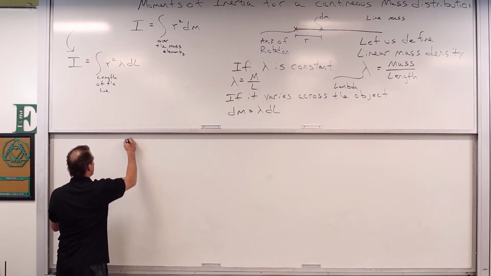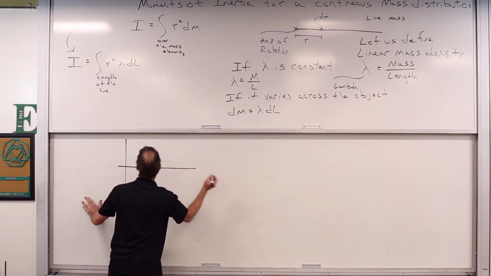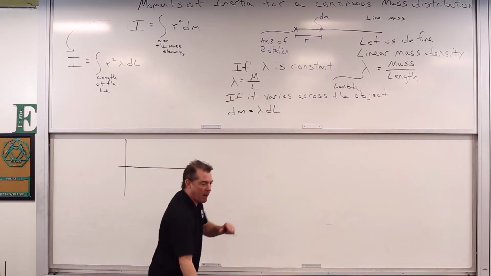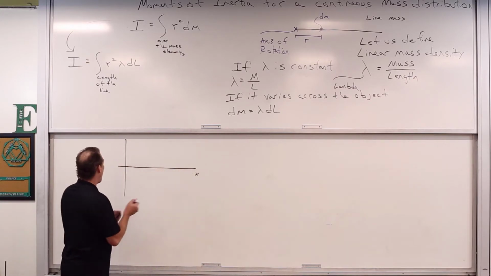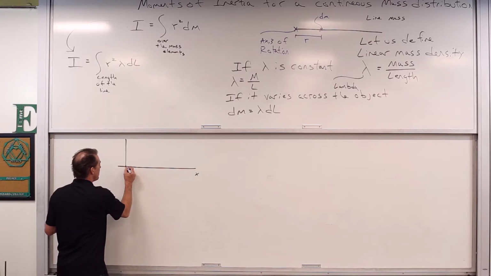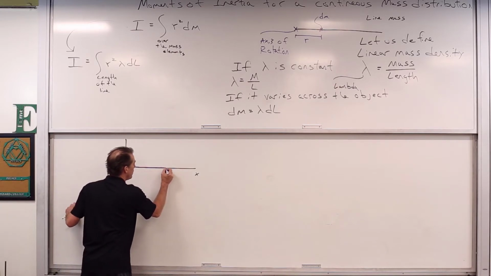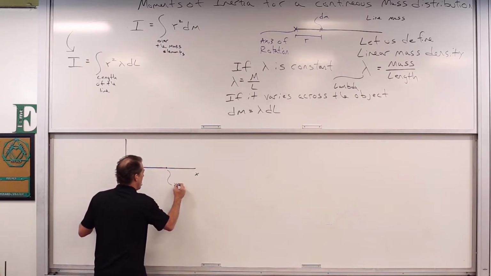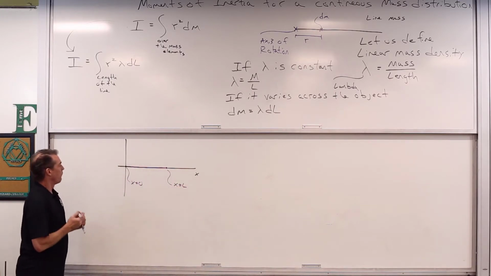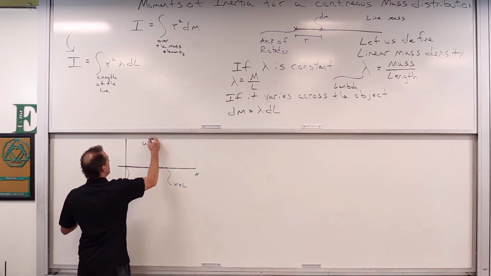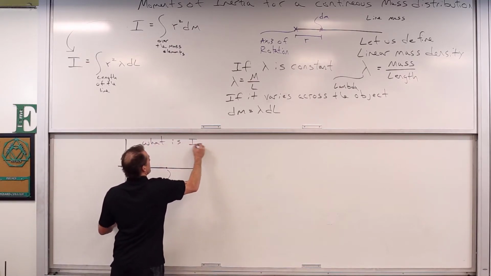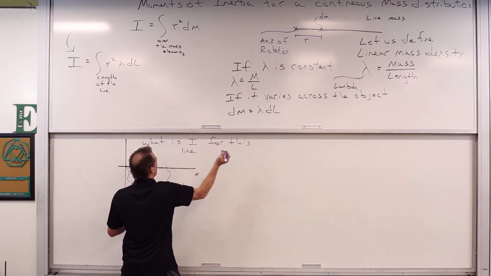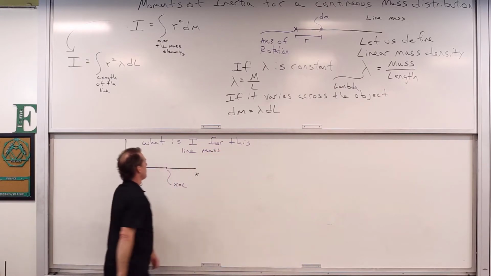So let us now take a nice little coordinate system here. And we're only going to worry about 1 dimension. Let's say that this object doesn't have any thickness, it's just a line, and we're going to say that it exists from x equals 0 to x equals L. And we're going to ask, what is the moment of inertia of this line mass?